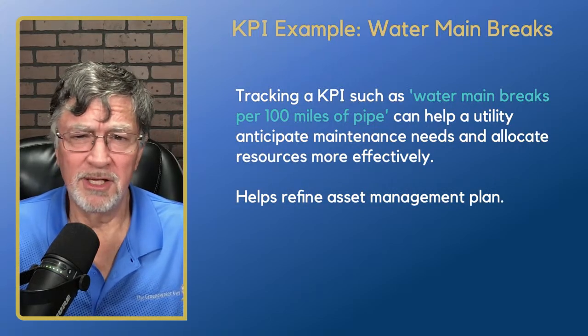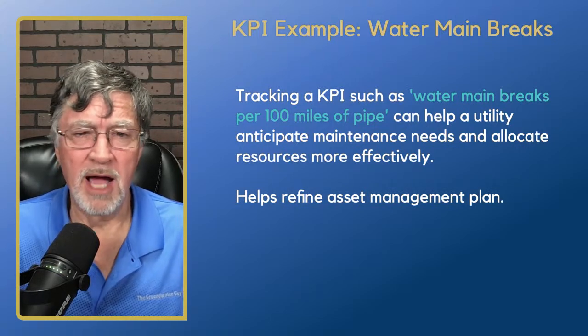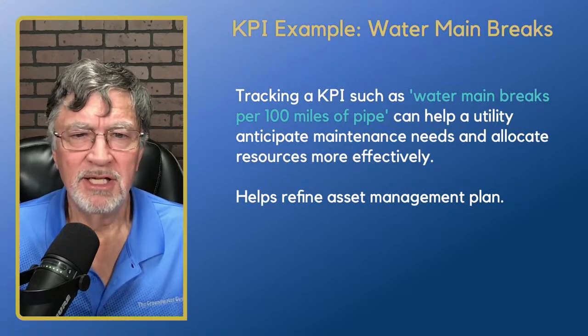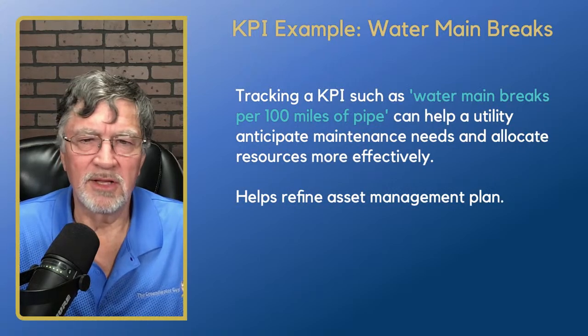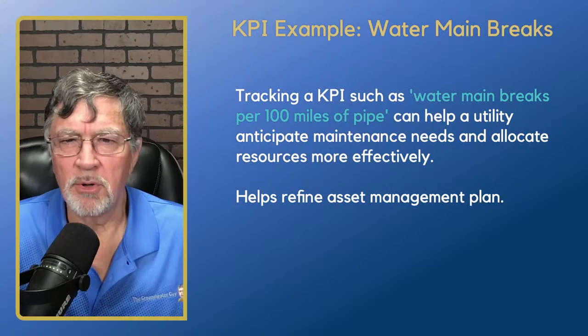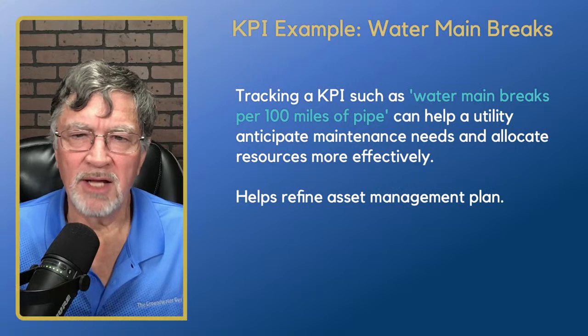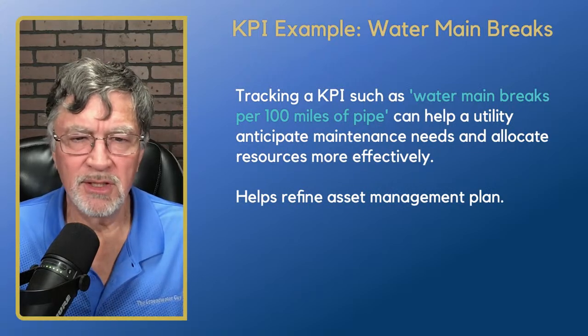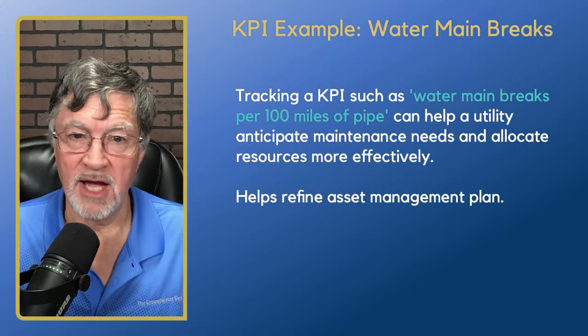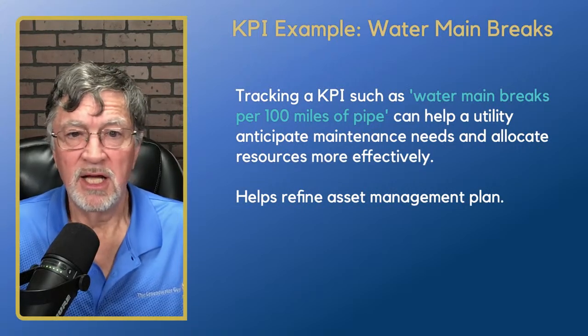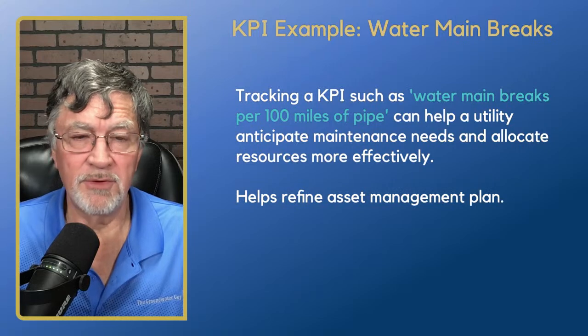So basically, you should know how many miles of pipe you have in your distribution lines, and so you can take the number of water main breaks per 100 miles of pipe. You can track that over time, and if it's increasing, then we got some issues with probably aging or defective pipes, and we need to investigate that a little farther.